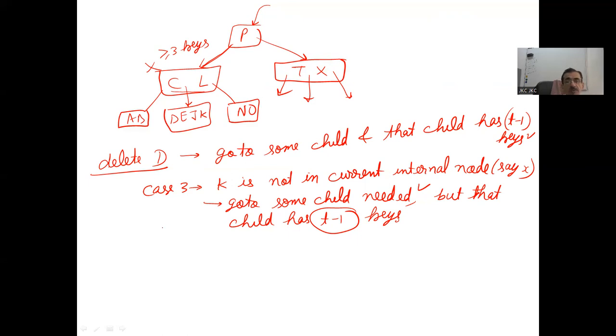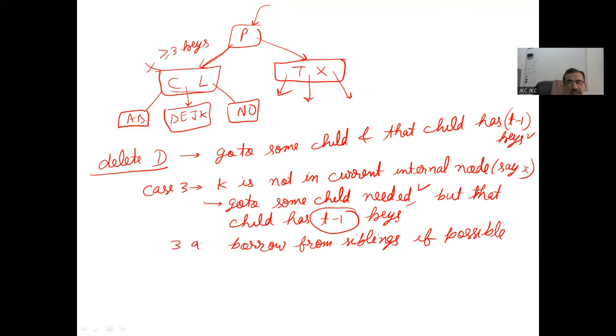What is the solution? In this case, I will try to borrow from siblings if possible. What does that mean? That it has its brothers and sisters in the adjacent nodes.